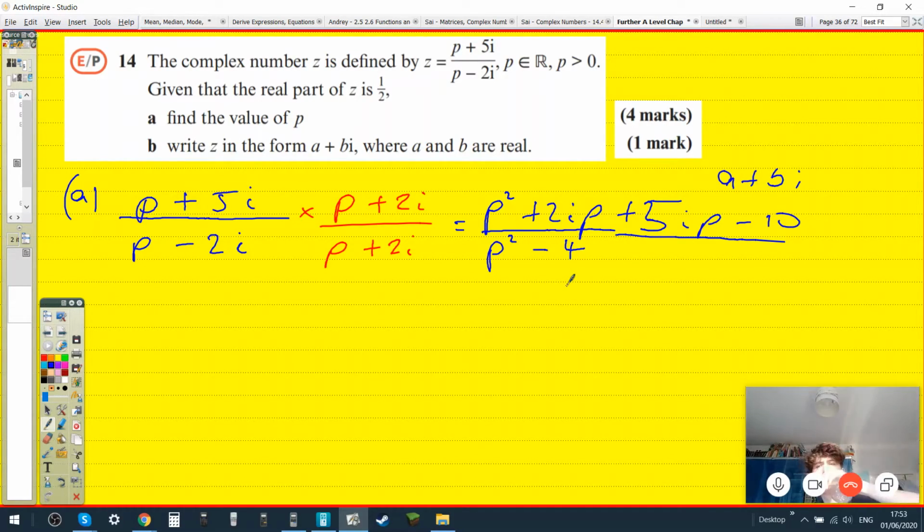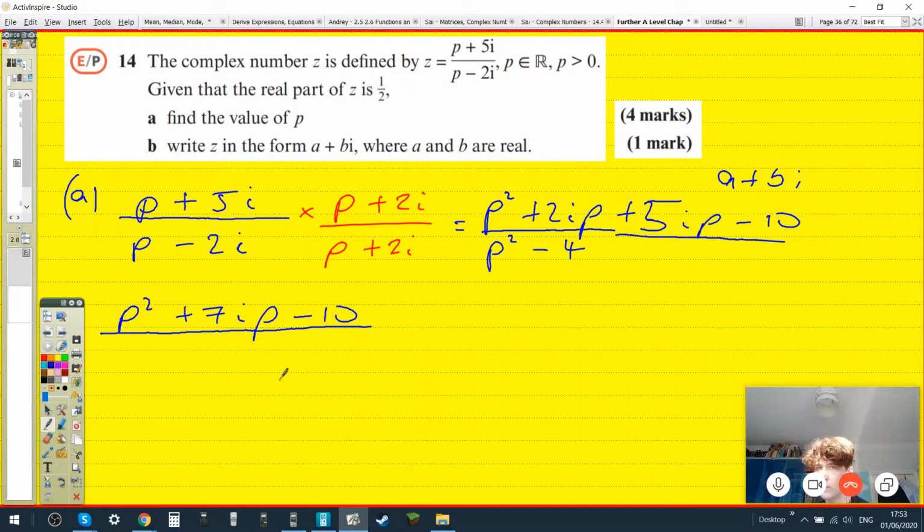What's next? I thought that was the whole of the denominator, right? So then p squared plus 7ip minus 10 is the top part.